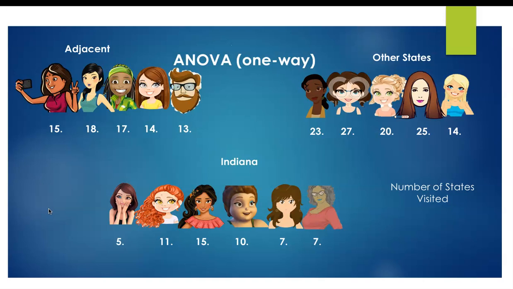The average for the people in Indiana is 9.2. The average for those from adjacent states is 15.4, and the people from other states is 21.8. So in our sample, they are in fact different, but the question, as always, is whether that difference is big enough to say we're confident that there's a general trend here. The total mean for everyone is 15.1.